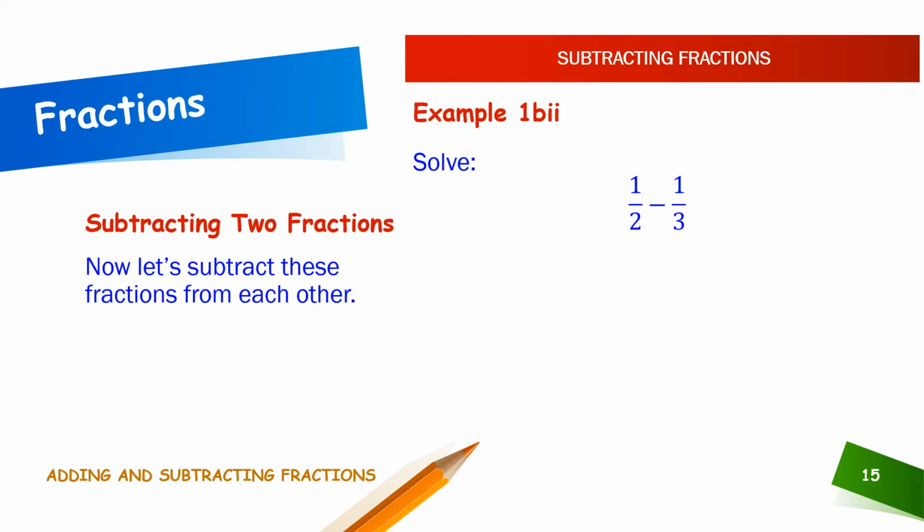Now let's subtract these fractions from each other. First, convert the fractions so the denominators are the same as we did previously. The denominators are 2 and 3, so the lowest common multiple of 2 and 3 is 6.